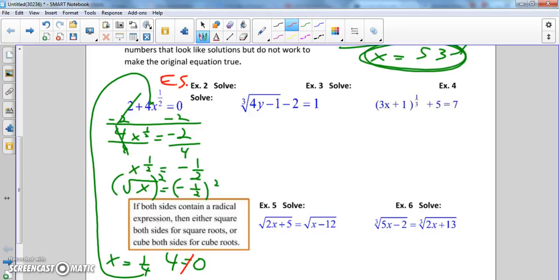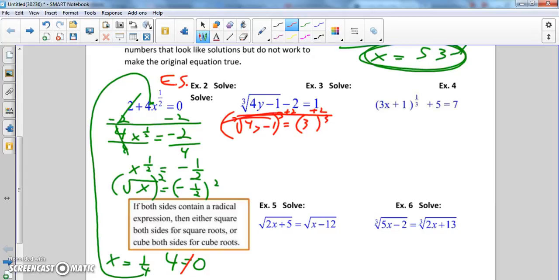Okay, so the cube root of 4y minus 1 minus 2 equals 1. Next step there is to add 2 to both sides. That gives me the cube root of 4y minus 1 equals 3. Since this is a cube root, I'm going to cube both sides.